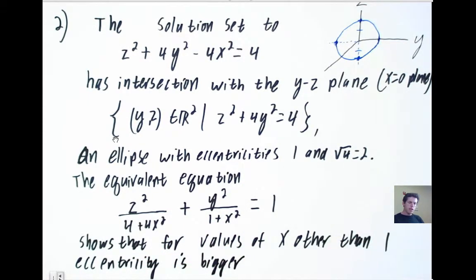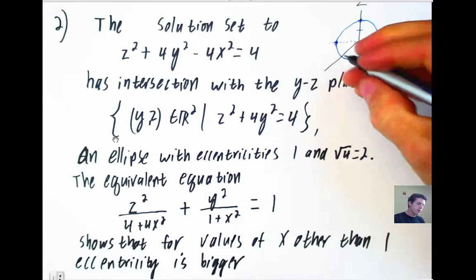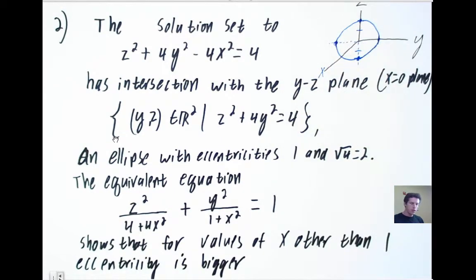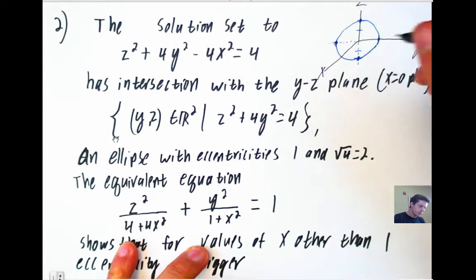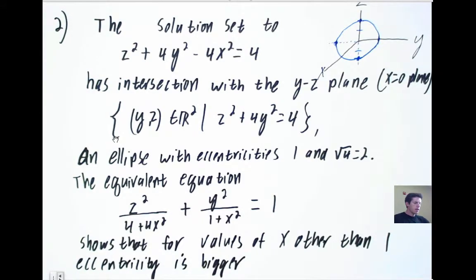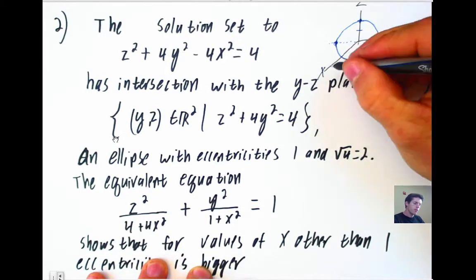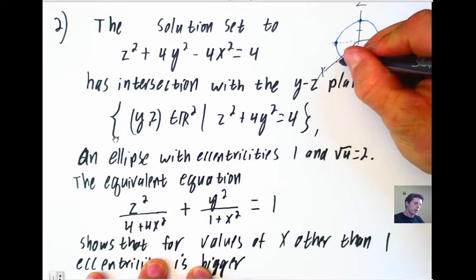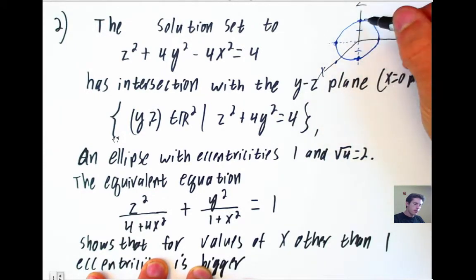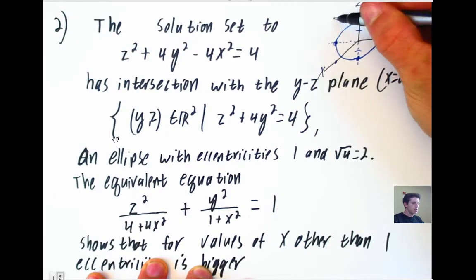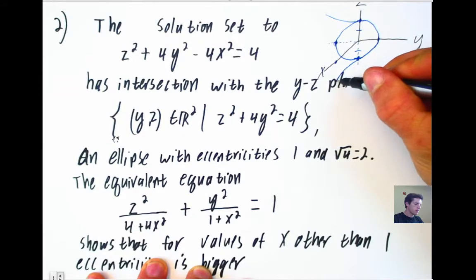Okay, so that is to say, if I come forward in the x direction, then I will have another ellipse with more eccentricity. So larger eccentricity in both directions. So let me think of an ellipse maybe centered right there. It's going to be even more eccentric than this. So it's going to kind of shoot out as it comes towards me.